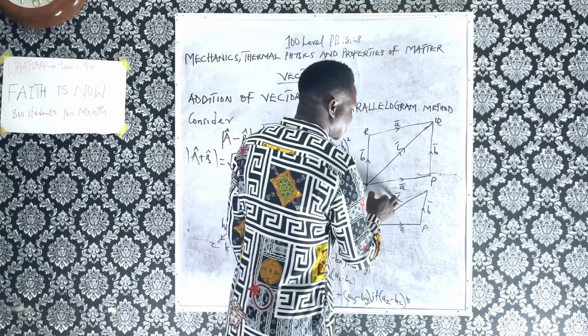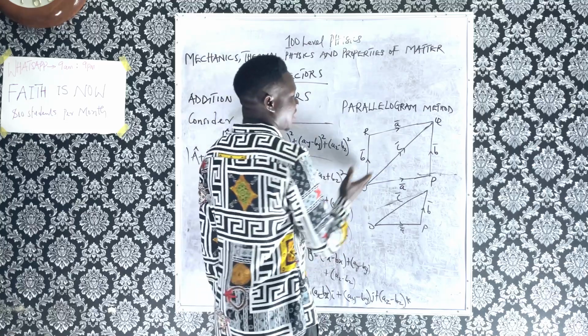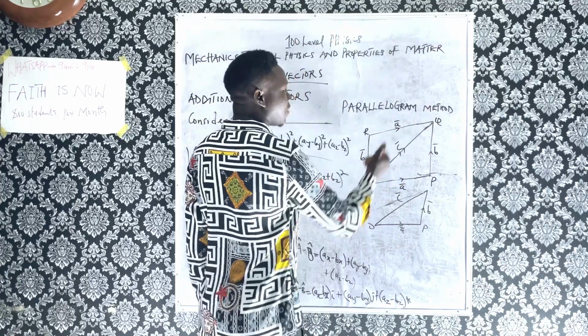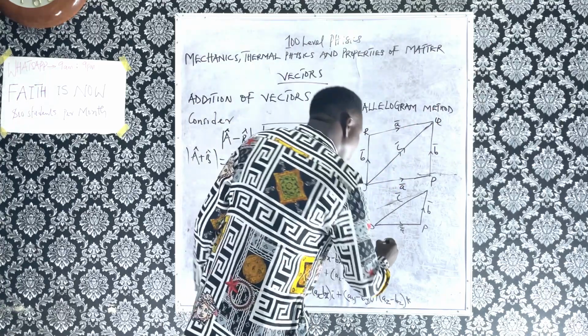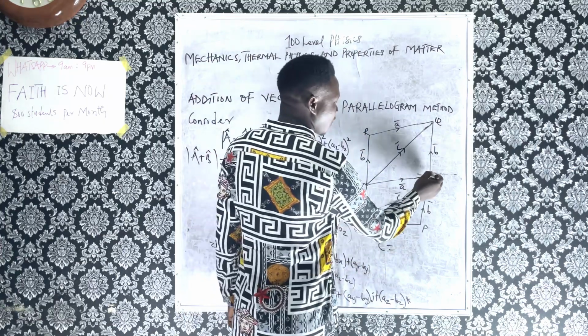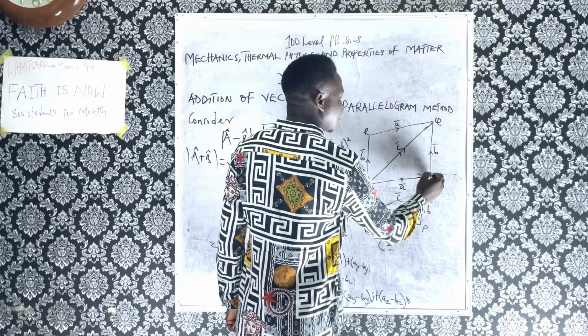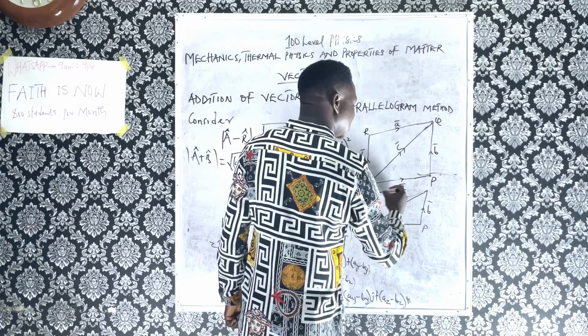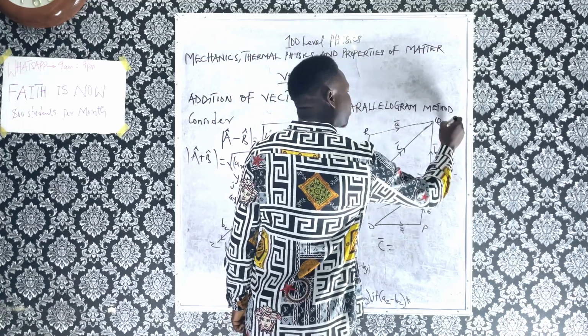If I want to get C, the resultant force that completes the diagonal of the parallelogram, all I need to do is sum up the other forces. That means from here to here to this point.